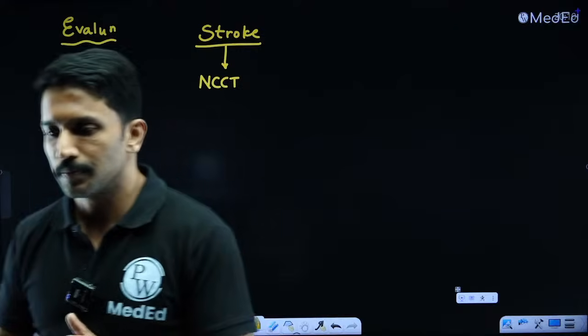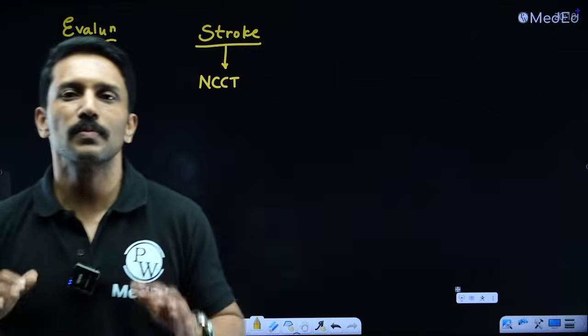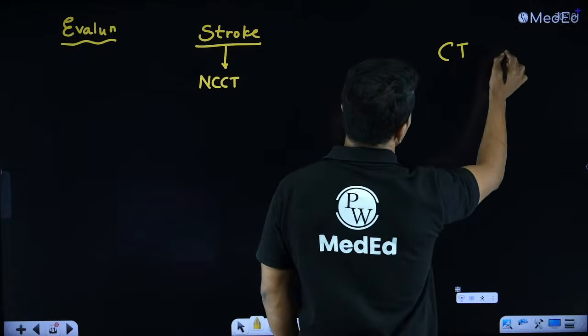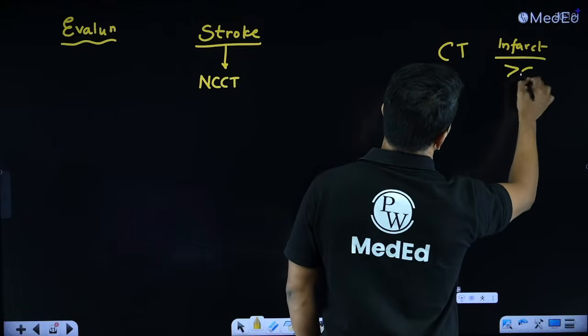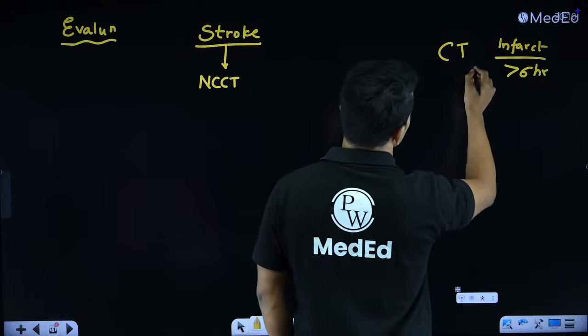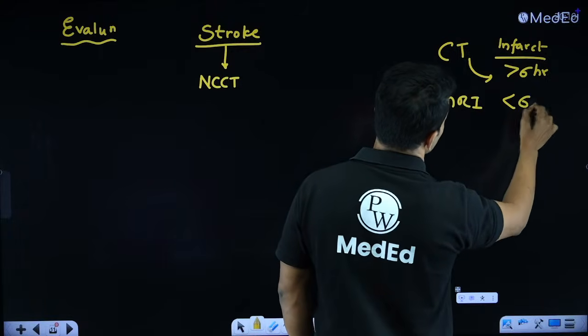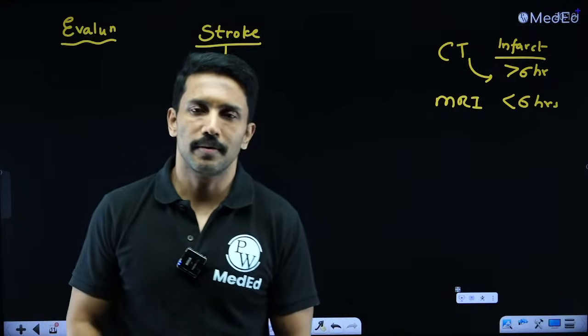Can anybody tell me why MRI is not the investigation of choice? Because if you do CT, infarct becomes evident after 6 hours, but if you're doing MRI, it can detect before 6 hours. So why am I not going for MRI?